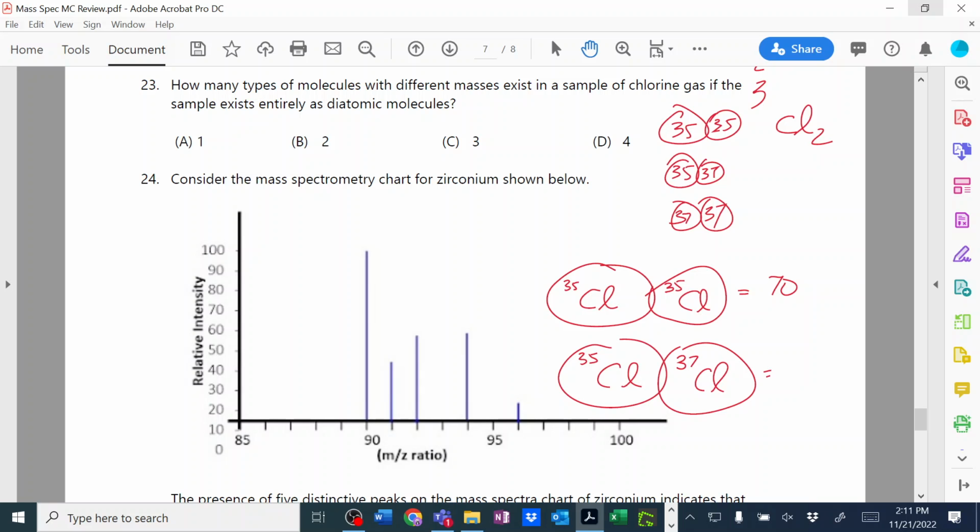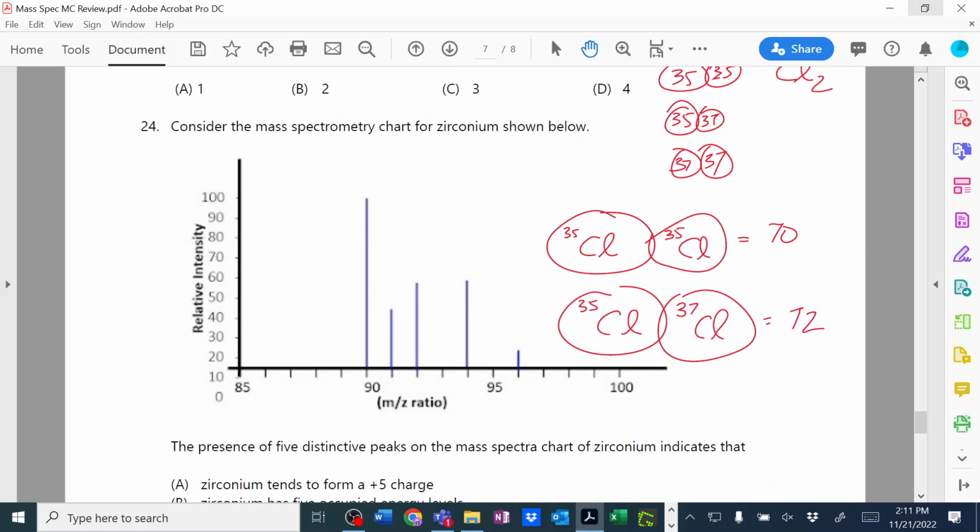And that would be 72. And then finally, you could have 2 37 chlorines bonded together, which would give you 74. And so that gives you 3 different possible masses for the molecule. How many possibilities are there? That's all it's asking.